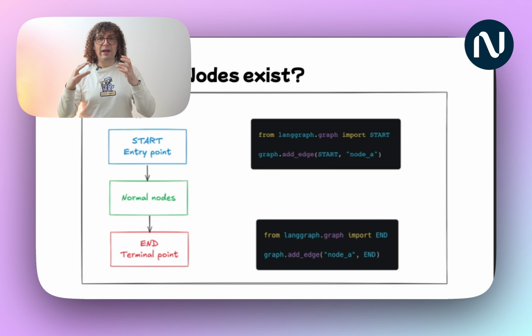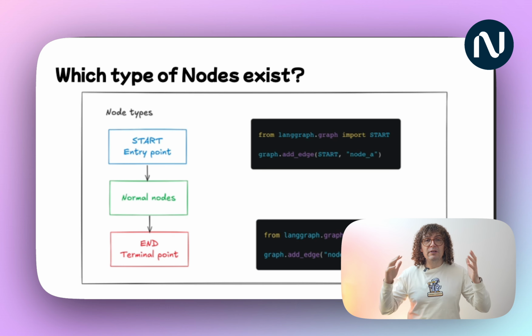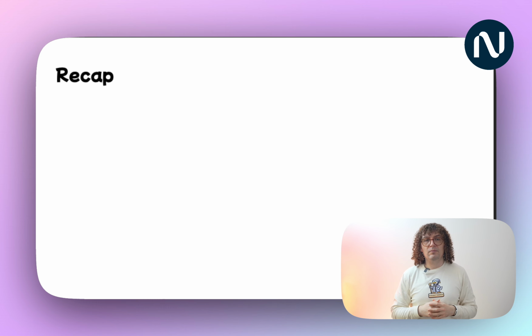There is also an end that we can import from the LangGraph library such that LangGraph knows which will be our starting point, our entry point, and which will be the terminal one. And of course, we can just have the normal nodes in between. Here, we see that there should be only one start entry point and one terminal point. But of course, we can have an unlimited number of normal nodes.